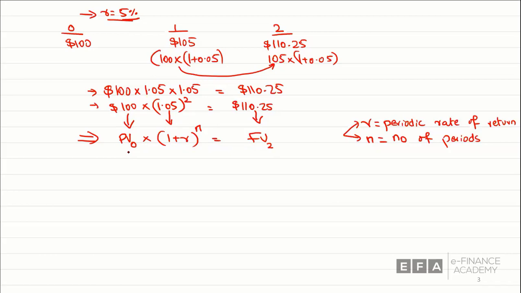While you need to understand this formula as we produced, all this calculation can actually be done using your calculator. You would just have to input the 3 inputs, which are present value, R and N, and you will compute and calculate the future value.